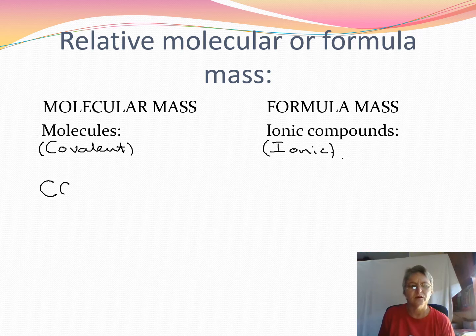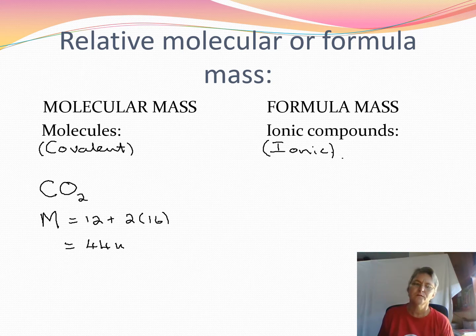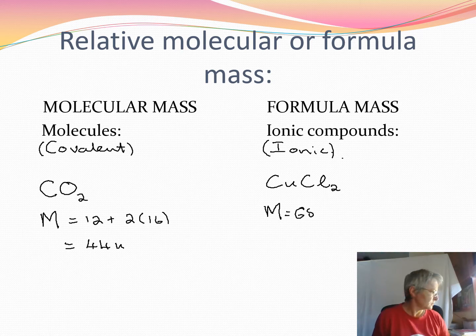Commonly, carbon dioxide's formula is CO2. So the molecular mass would be 12 plus 2 times 16, and that gives us 44 atomic mass units. For copper 2 chloride, the formula mass would be 65.5, or is it?